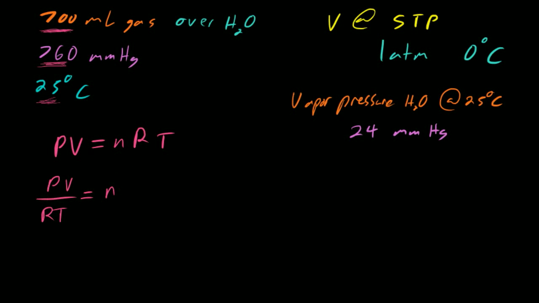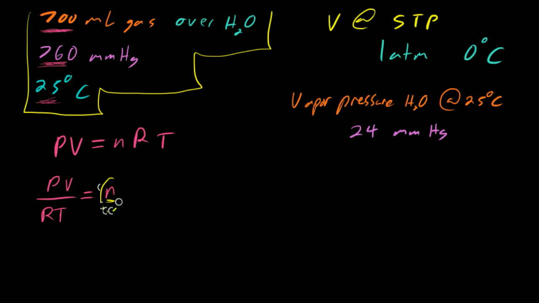We use all of this information along with the vapor pressure of water to solve for the number of moles, and then we can plug this n into another ideal gas equation and solve for the volume.